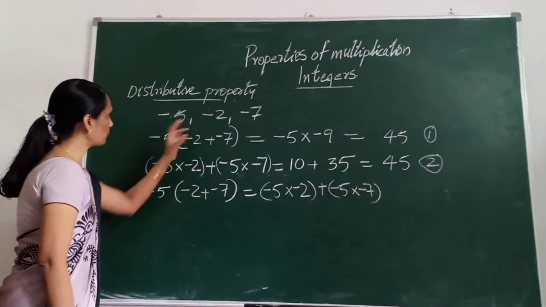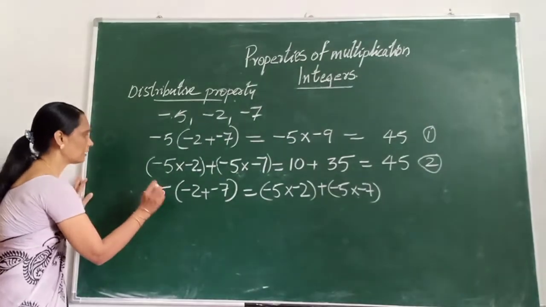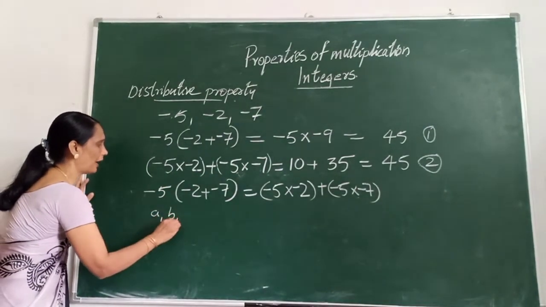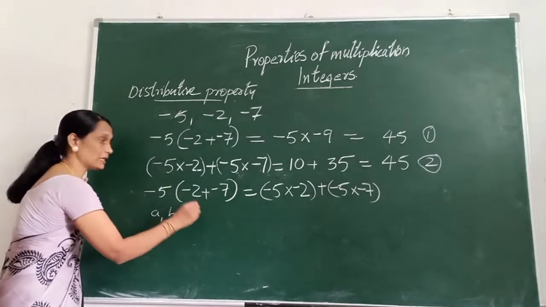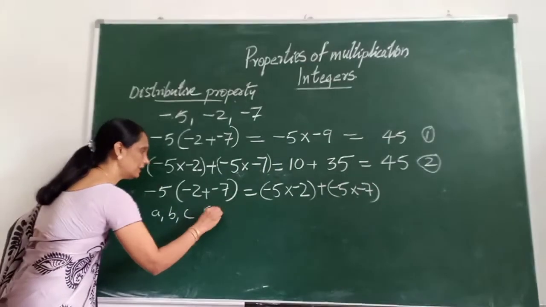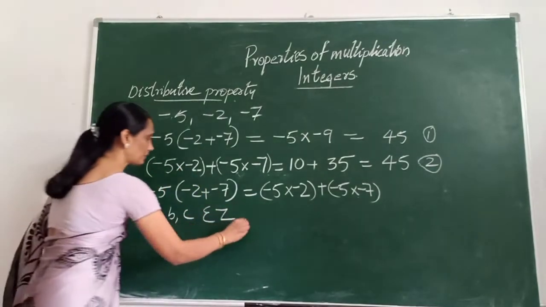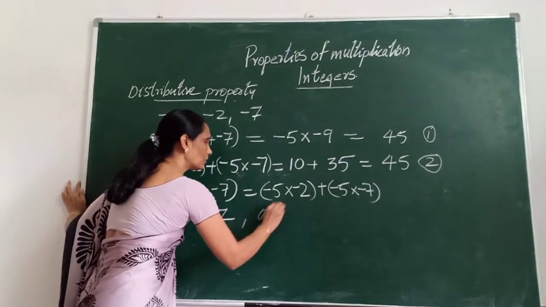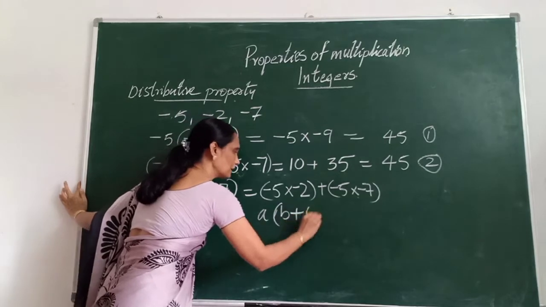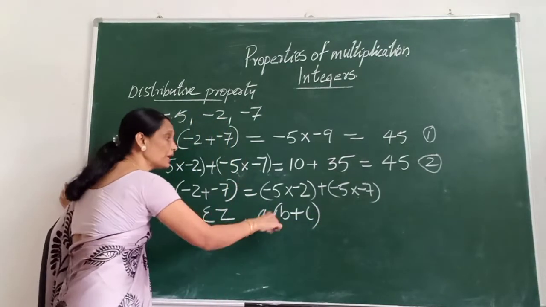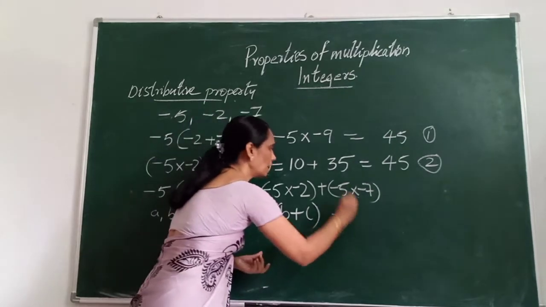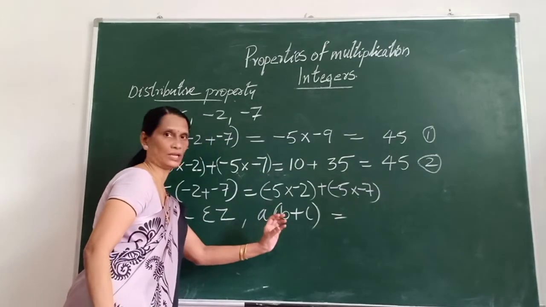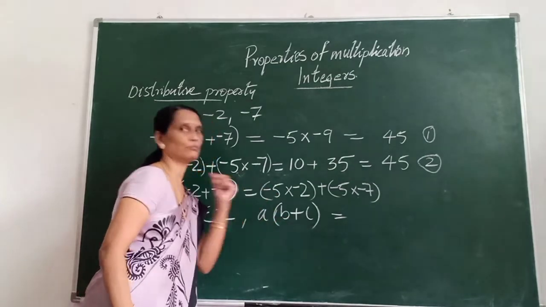Okay, I will explain it very clearly for you. Let a, b and c be three integers. Then a into (b plus c). In the bracket, what is that? b plus c is there. Equal to, we are distributing a to both the numbers.